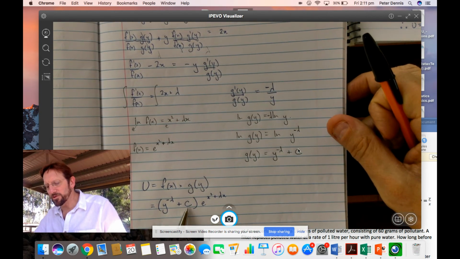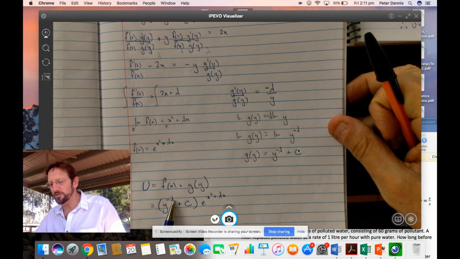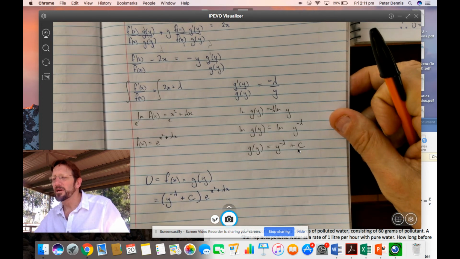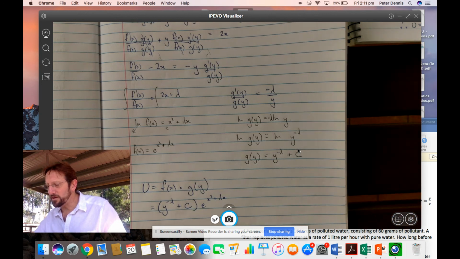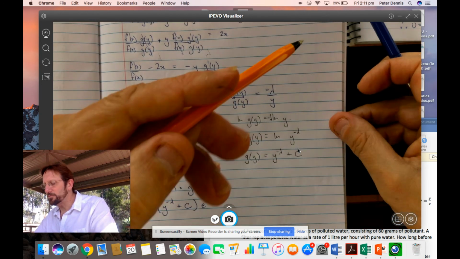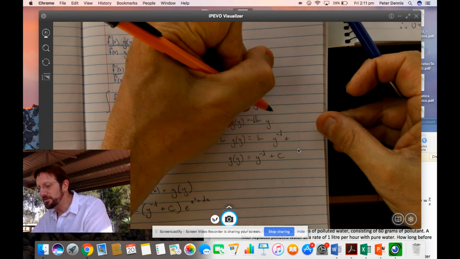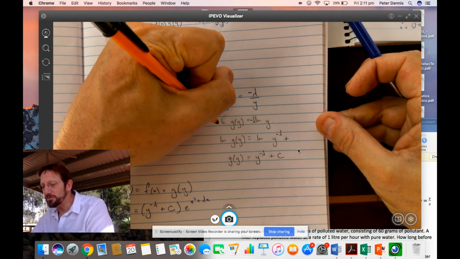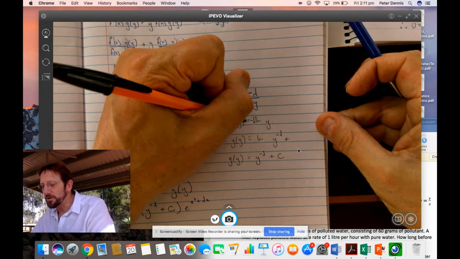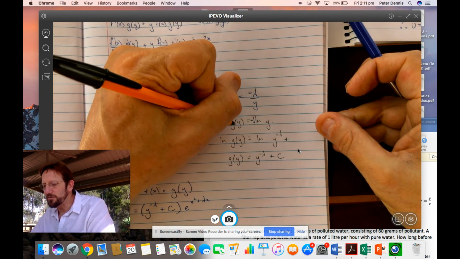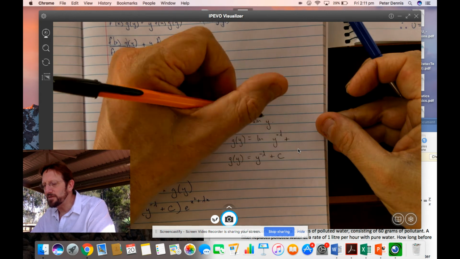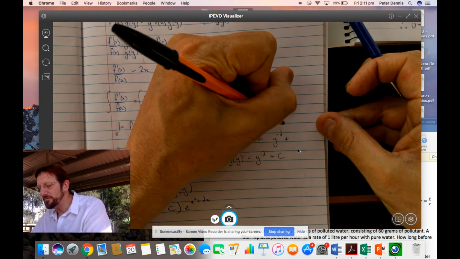With some initial conditions, we could find out what c is, and we could certainly find out what lambda is. The only thing that I probably would change is this could be c up here. So when we find the integral of both sides, we're going to get the log of g of y equals minus lambda log y plus c.